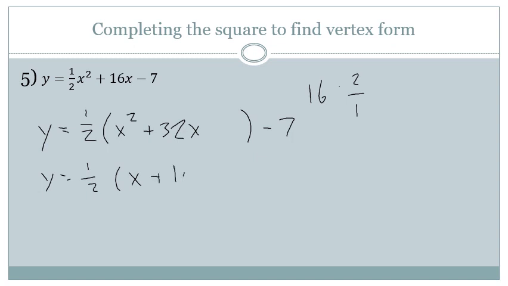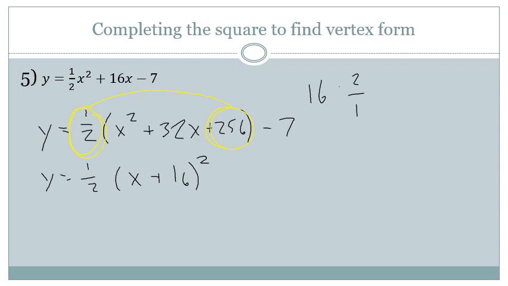x plus 16, because we divide the 32 in half. Okay, now what do we add? 16 squared. So how much is 16 squared? I'll type that in the calculator. 16 squared is 256. But remember, we didn't actually add 256. Whenever you take something out of the front, you have to multiply it back in, because that's what you actually added.